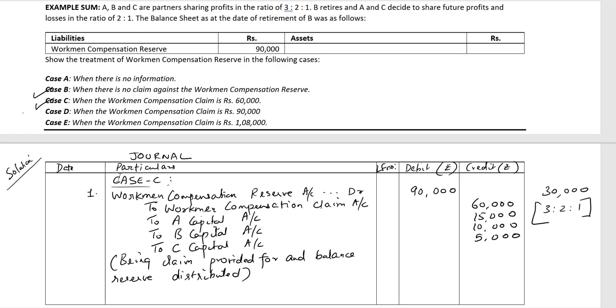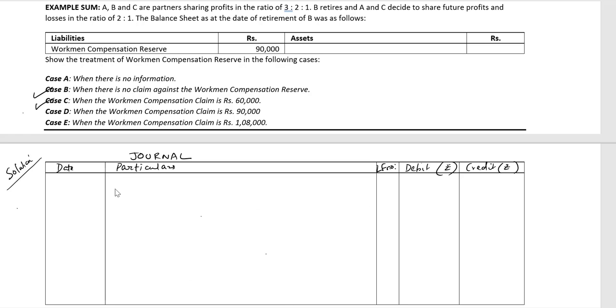Let's go to the next case, case D. Case D says when the workman compensation claim is equal to 90,000. So the claim is 90,000 and the reserve is also rupees 90,000. So we'll utilize the full amount of the workman compensation reserve and provide for the claim of 90,000.